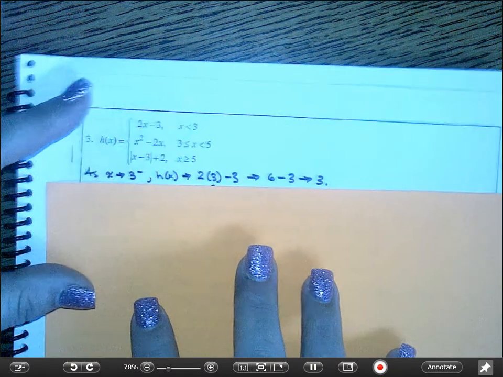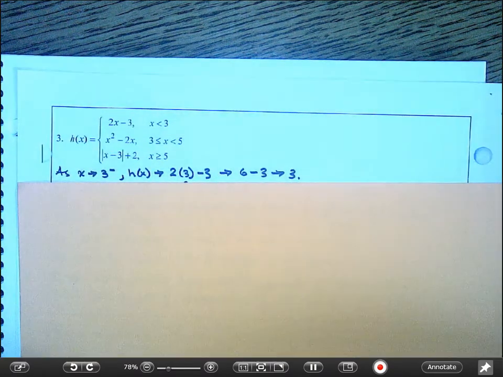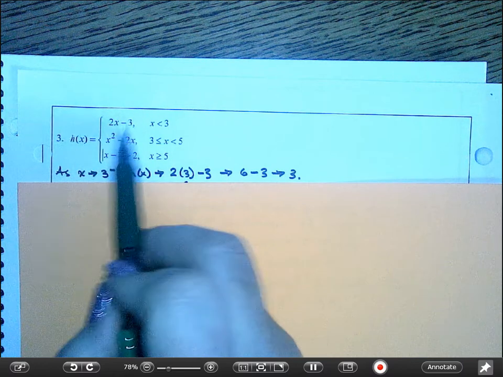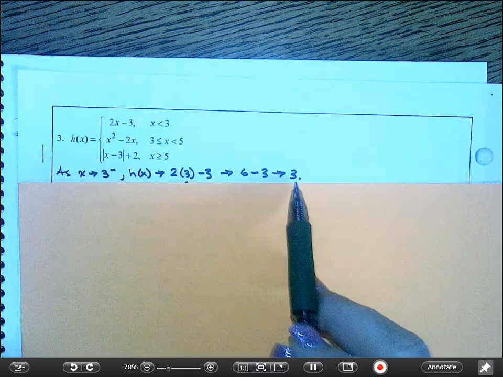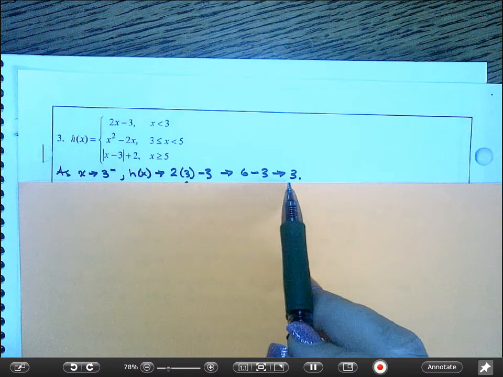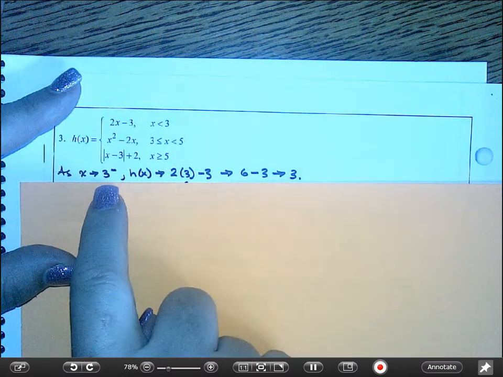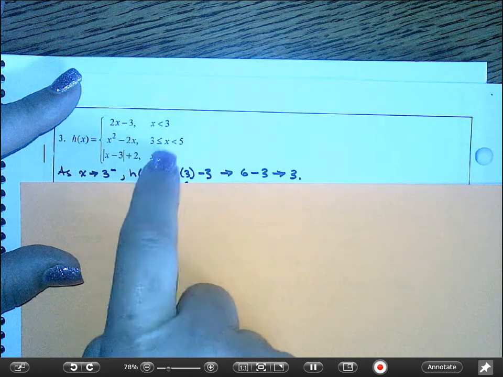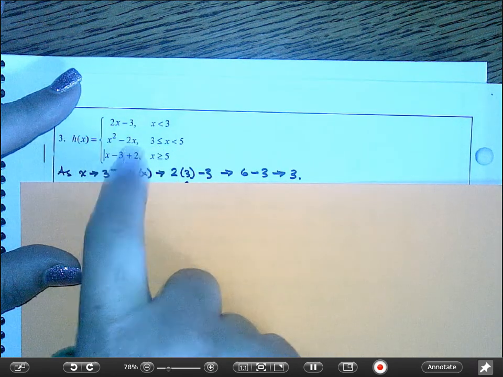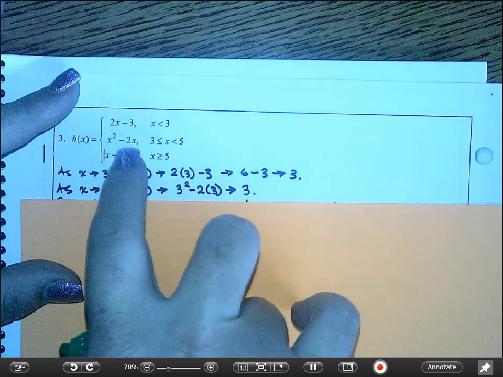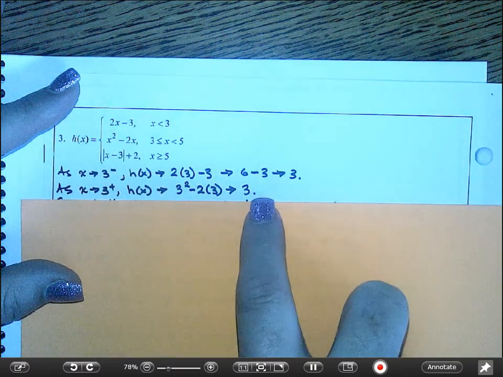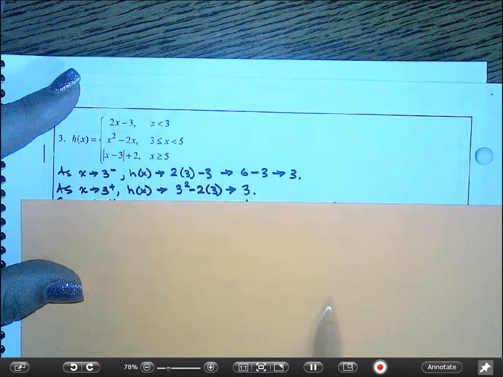As x approaches 3 from the left, I'm on this function. I'm replacing the x with 3, and I get 3. Now I need to approach 3 from the right, which means I'm going to be on this second function. So I've got 3 squared minus 2 times 3, and I still get 3, right?